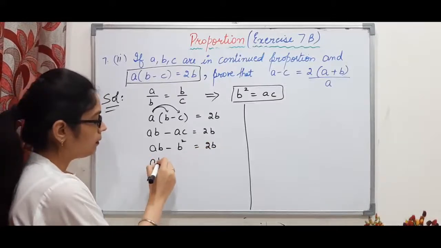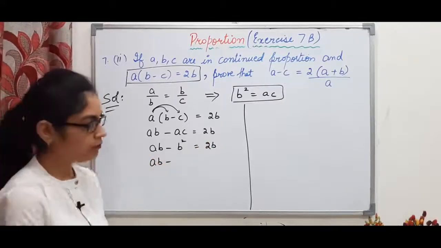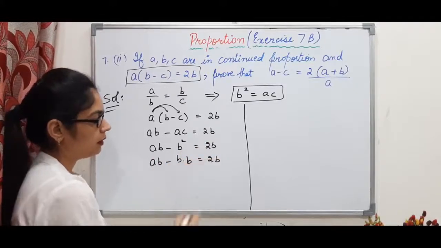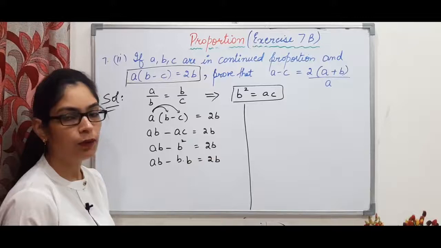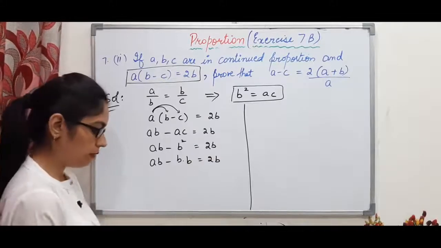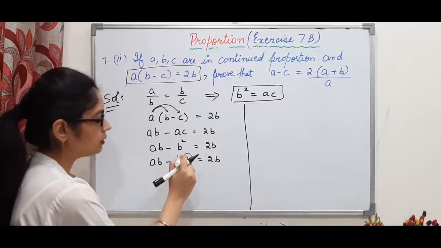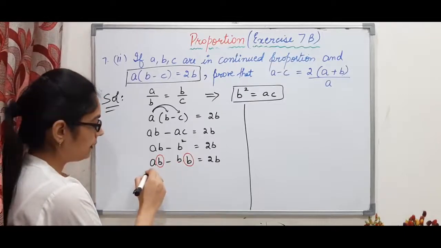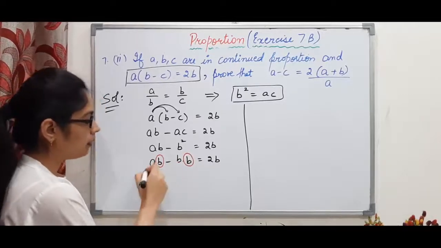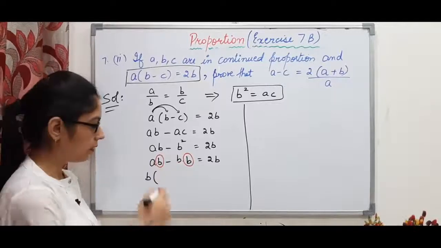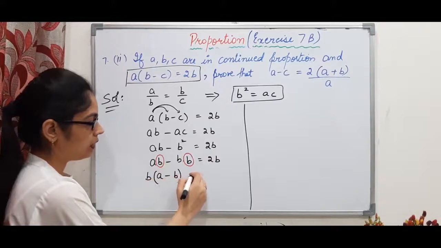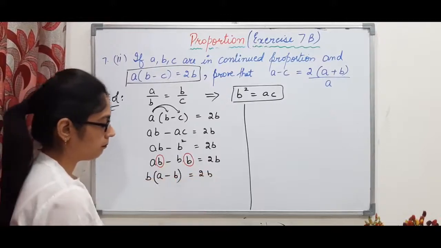Now ab minus b square, same way b square means b into b, is equal to 2b. I have just written it in the expanded form, so that you can see that b is common in both. Now I will take the common term out and write the remaining terms as it is: b into (a minus b) is equal to 2b.